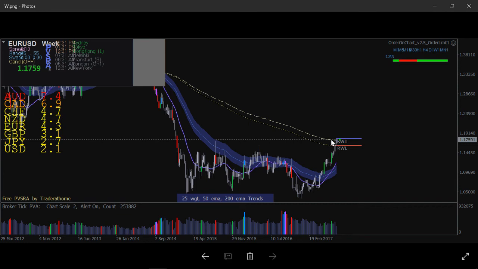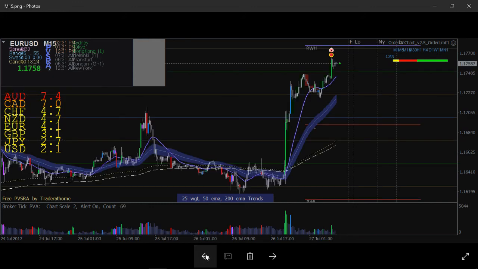Once I saw that price tried to go beyond it and failed to break the 233 EMA, it gave me a very clear picture of what was going on. So I could possibly target a retrace here.